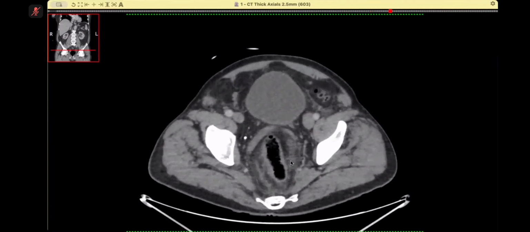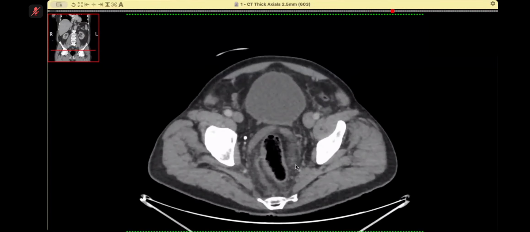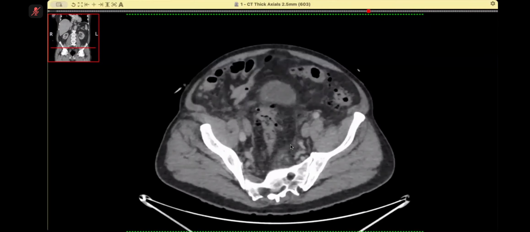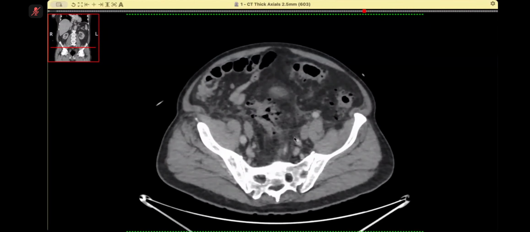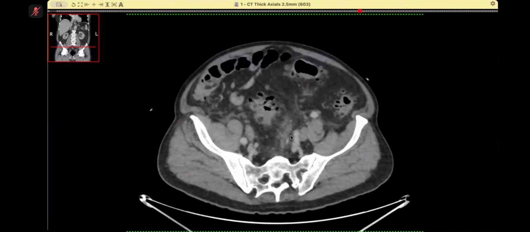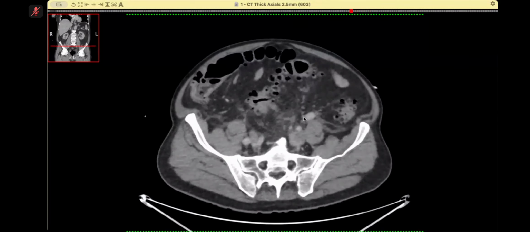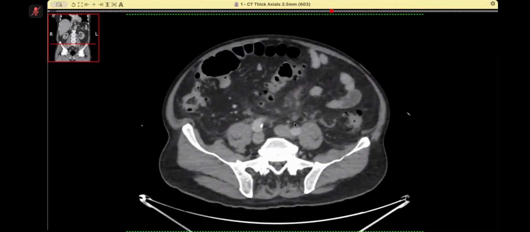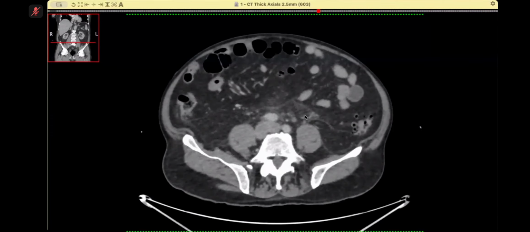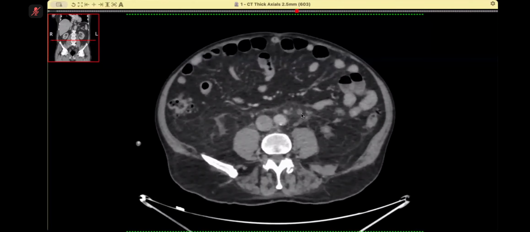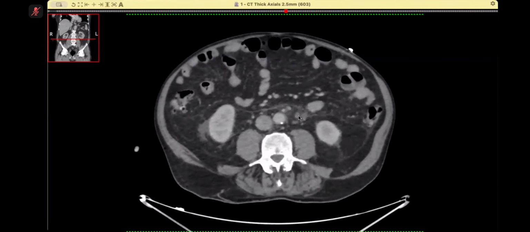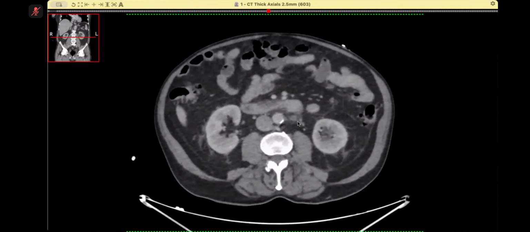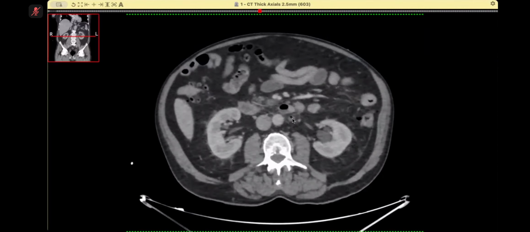So actually what is happening is that this is the inferior mesenteric vein. And we can see it very well from here onwards. You can see this cord-like structure is the inferior mesenteric vein. Just look at my mouse. We are tracing it upwards. It's going superiorly. Here you are, there is a bubble of air there.